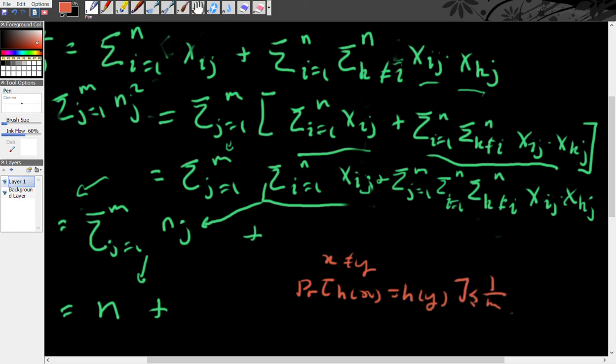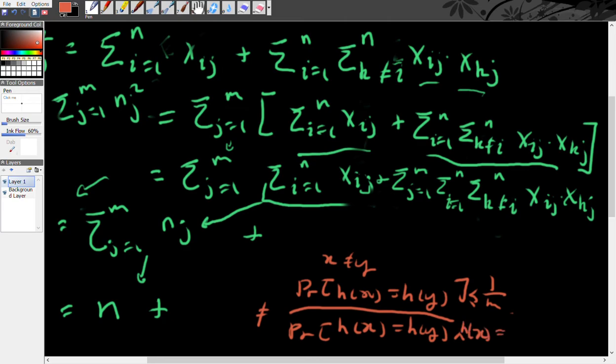This is not the same statement as the probability that h of x equals some specific value j and h of y equals the same specific value j is less than or equal to 1 over m.